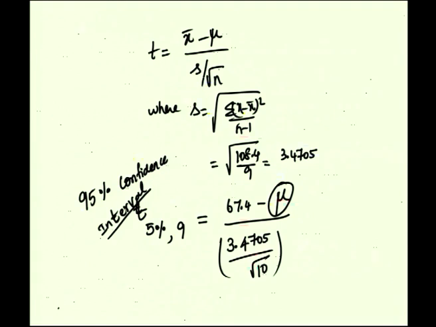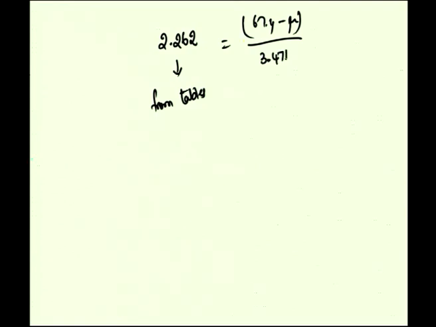So, just cross multiplying with this we have the table. Before that, t at 5% comma 9 degrees of freedom is 2.262 from the tables, equal to x bar, 67.4 minus mu, divided by 3.471 by root 10.